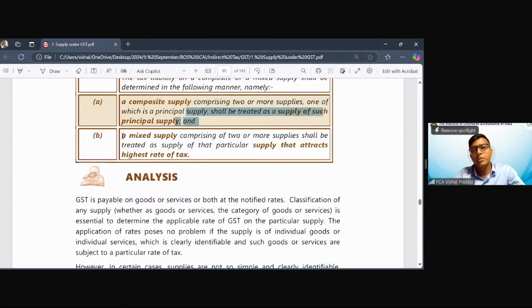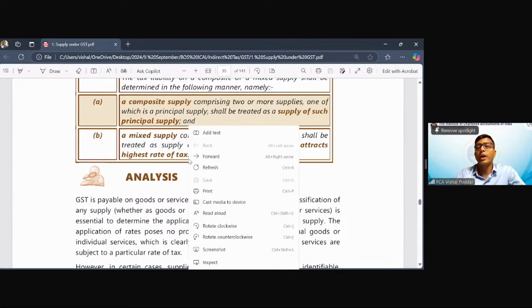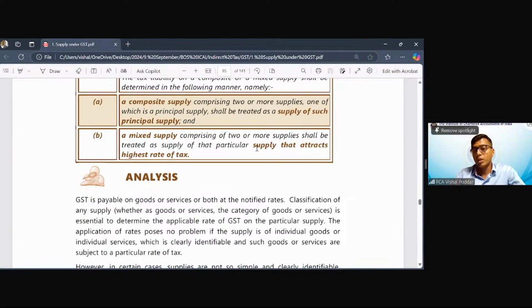If your package is a mixed supply, then the entire package will be treated as if it is the supply of the highest rate item. If in the entire package the highest rate item is 18%, then the entire package would be treated as per that item. And it may happen that one of the items is exempt, but still it may get taxed at 18%.